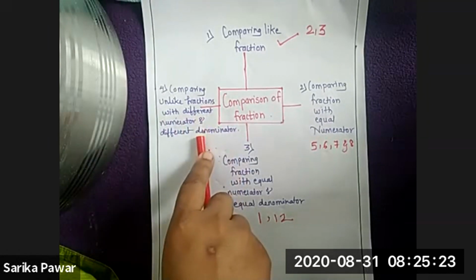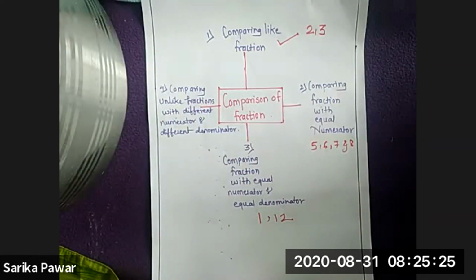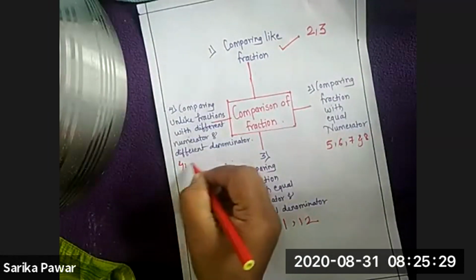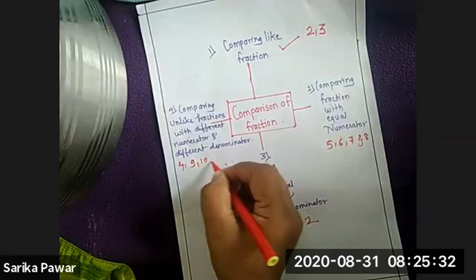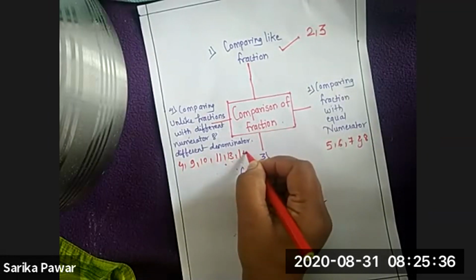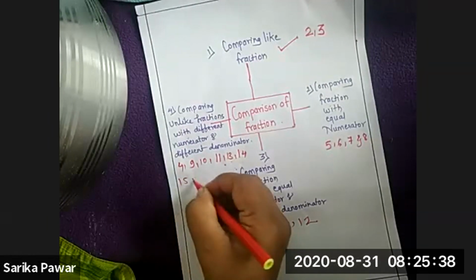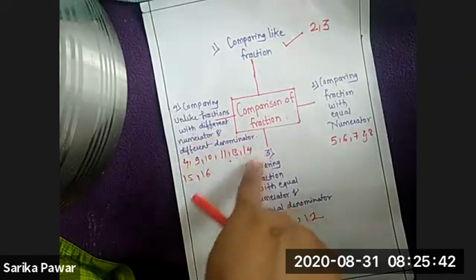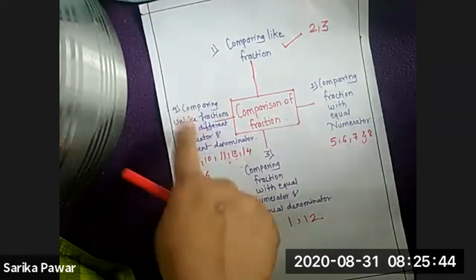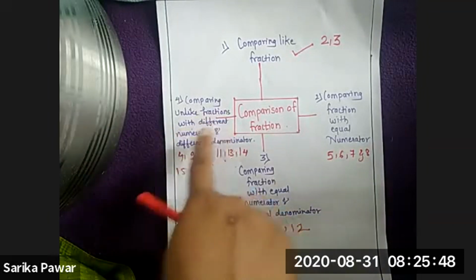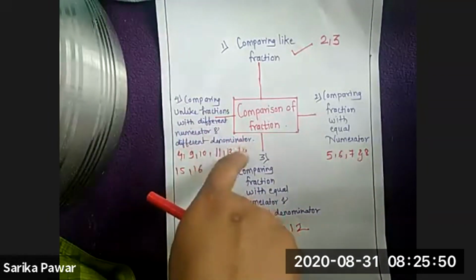See examples number 4, 9, 10, 11, 13, 14, 15, 16. All these remaining examples follow this rule, comparing unlike fractions with different numerator and different denominator.